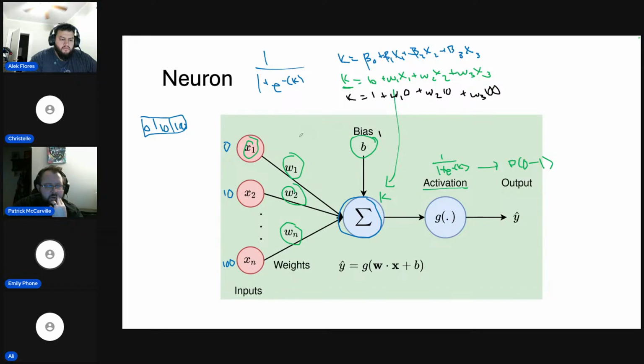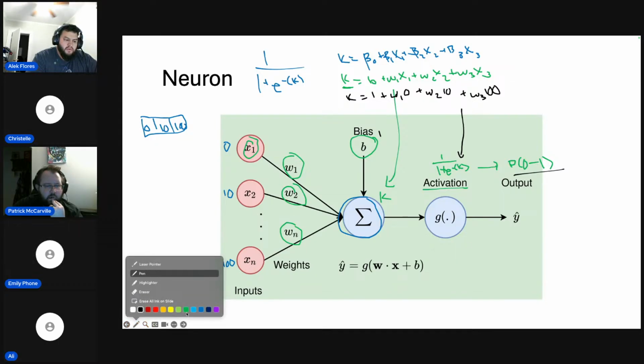So those are the weights that we're applying to these pixels on input, and then whatever the result of k is after evaluation, we plug that into the activation function, and that gets transformed into a probability. So output is a probability in these neural networks.